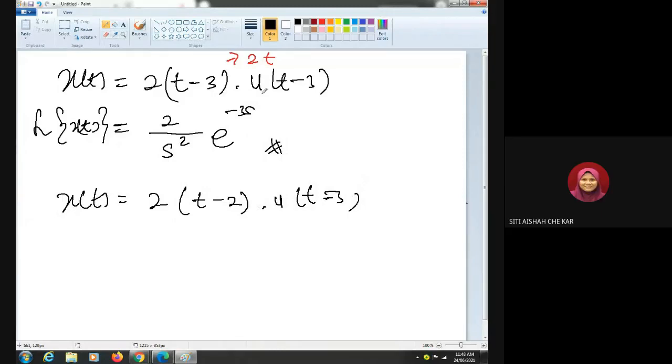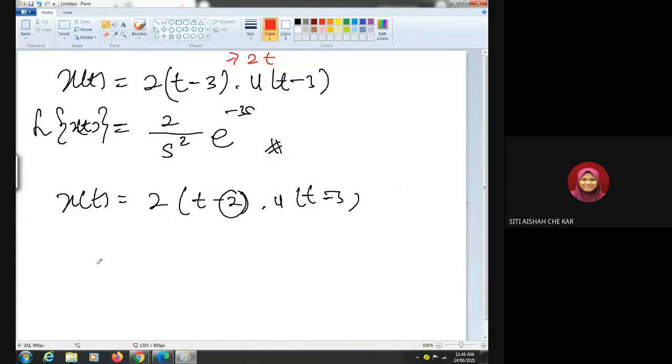So this one negative 2, this one negative 3. So bila you see the shifting is not same, automatic you tak boleh nak tutup lah. You tak boleh nak tutup ni negative 2 sebab negative 2 dengan negative 3 tak sama. So whenever you see this question, you have to alter sikit.